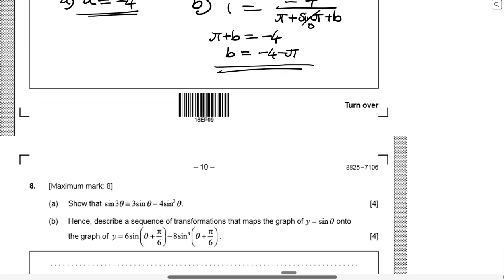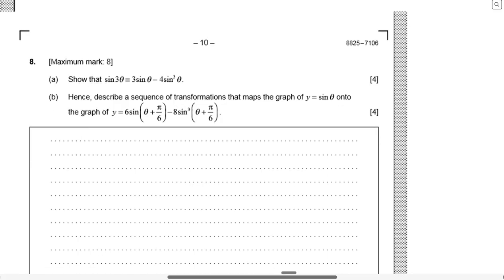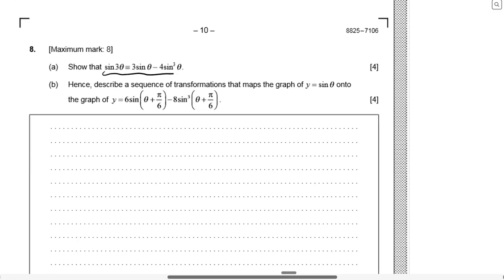Now we can move on to question 8. Show that sine 3 theta is equivalent to this. Okay, so LHS is equal to sine 3 theta. And what we can say is, we just separate into two parts.